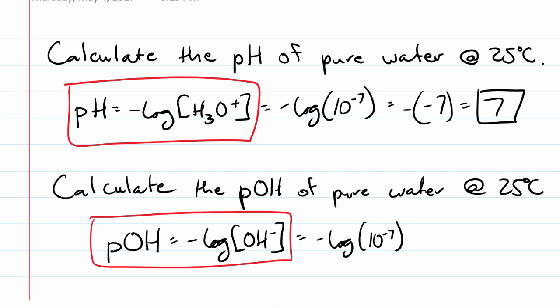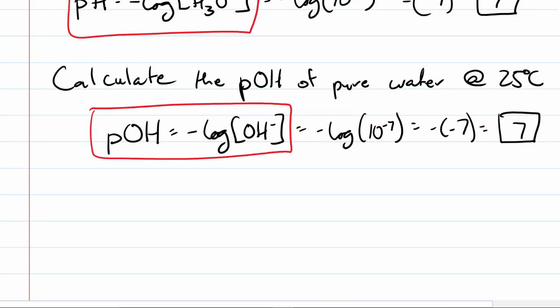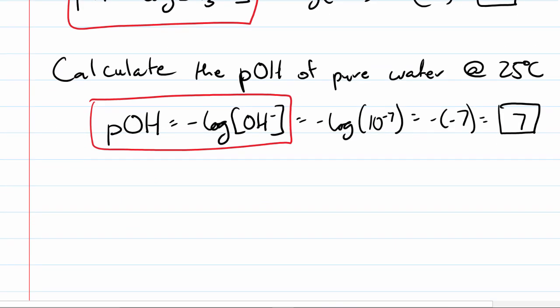And the opposite of negative 7 is going to be positive 7. And so we say that the pOH of pure water is also equal to 7. And this leads to a relationship. Now we would, in a more advanced chemistry class, prove this a little bit further, but it leads to a third relationship or equation you need to know for this chapter, and that is that the sum of the pH and pOH is always going to sum to be 14.